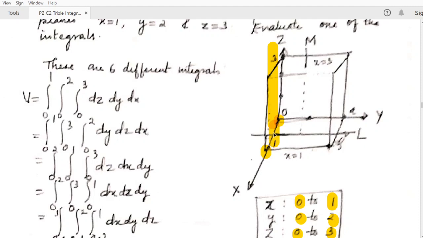So we see that the line enters the region at z equal to 0 and exits the region at the point z equal to 3. So the limit of z will be from 0 to 3.